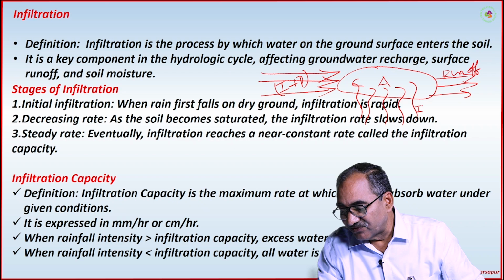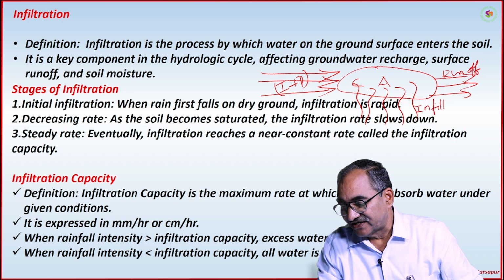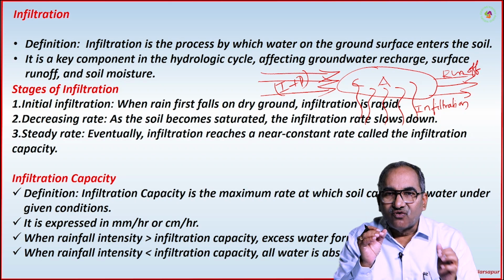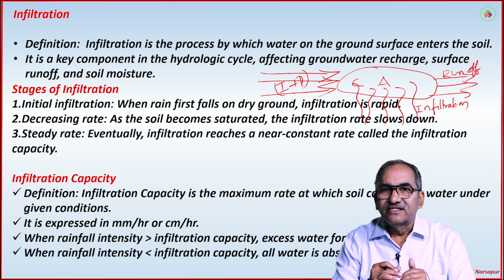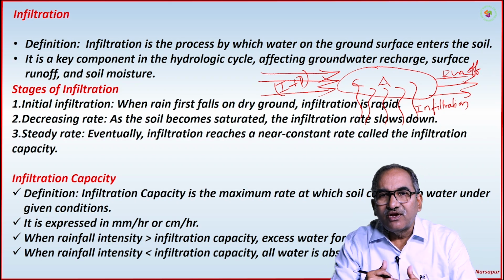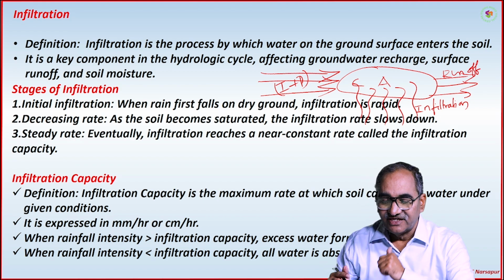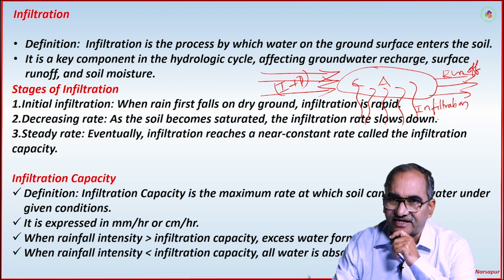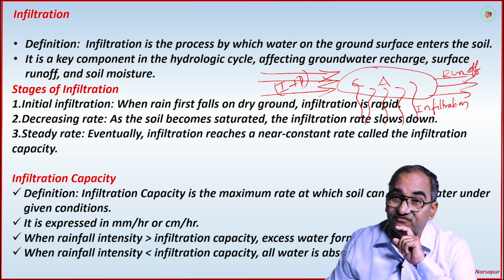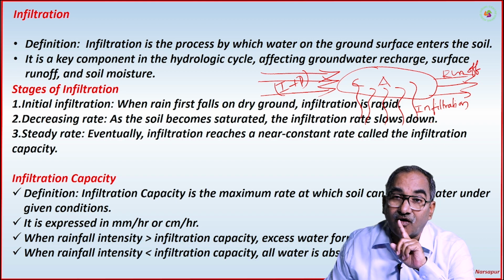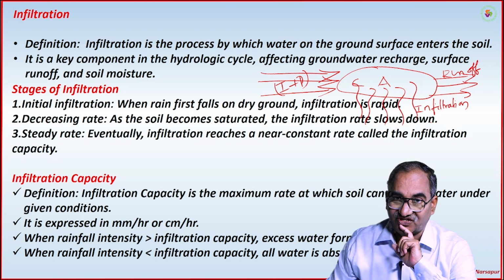And this component is what we call infiltration. So that is the quantity of water that percolates into the ground and reaches the groundwater. It is one of the very important components of the hydrologic cycle.